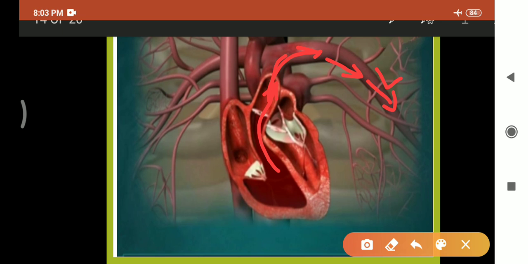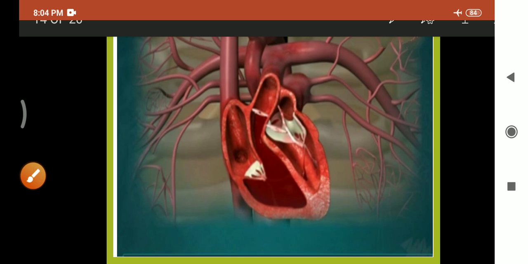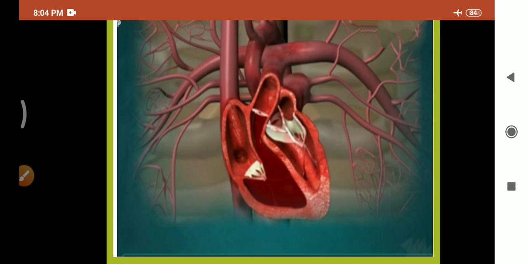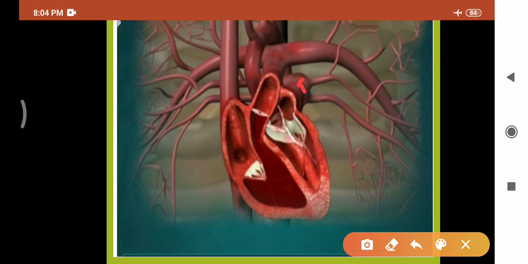Once it is oxygenated, the next function is of the pulmonary veins. What is the function of the pulmonary veins? These pulmonary veins carry the oxygenated blood. This is the pulmonary vein.